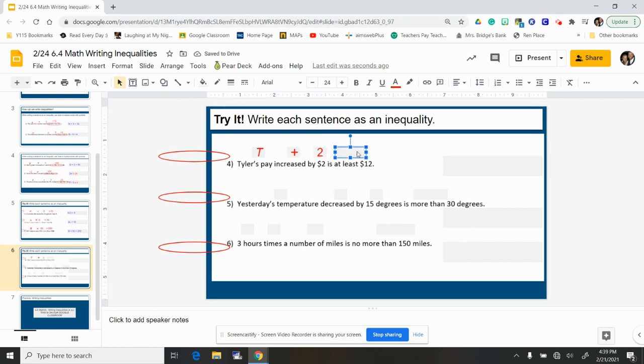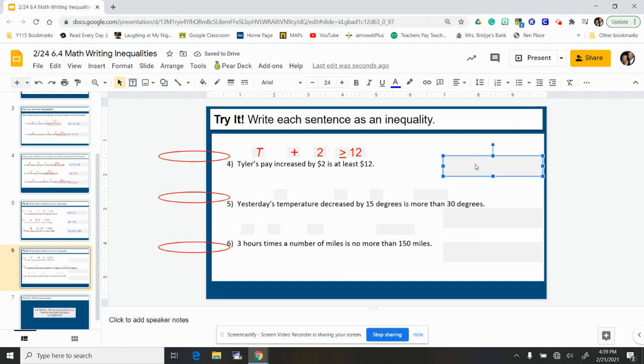Remember, at least is telling us that we need a symbol that has that equal to line underneath it as well. So since it's at least, I'm looking at this symbol with that line underneath it. So I'm going to do it that way. And 12, of course, is our important number.